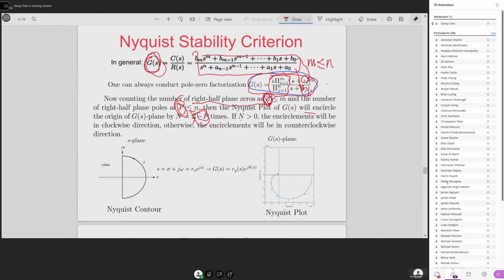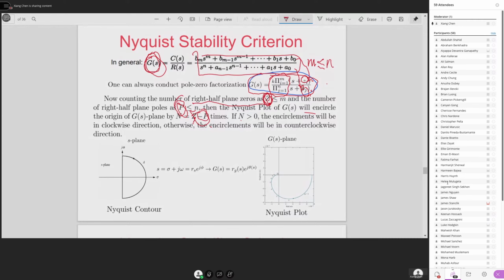Okay, if the number of right half plane zeros is more than the number of right half plane poles, then Z minus P is a positive number. So you're going to see the Nyquist plot of G(s), the total Nyquist plot, have a net number N of encirclements around the origin, and because Z is larger than P, N is larger than zero.